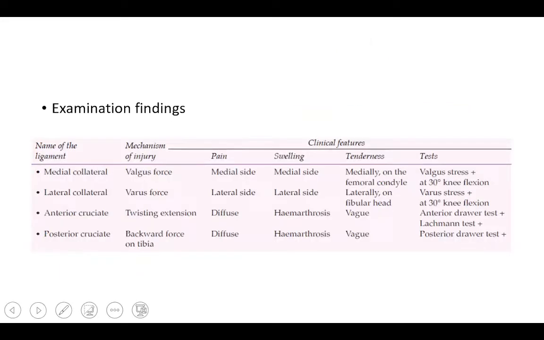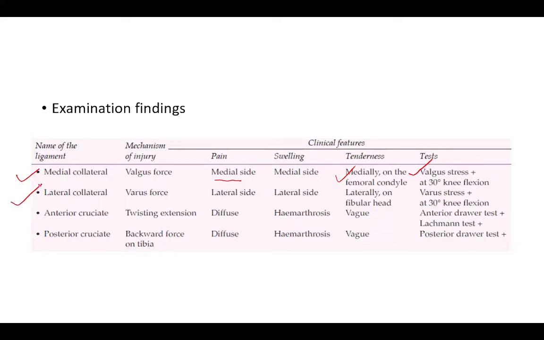Examination findings are very typical. Here, in case of a medial collateral ligament, we will see that the pain will be on the medial side and there will be tenderness along the medial femoral condyle. To test, we will perform a valgus stress test with the knee in full extension and 30 degrees of flexion.